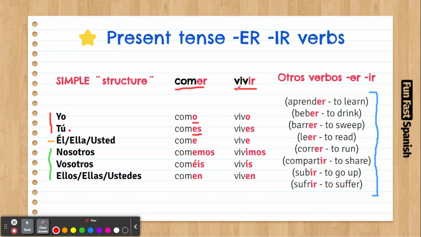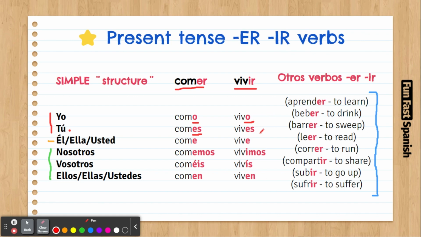Look, with the verb vivir, which is to live. I live in Barcelona, I live in Buenos Aires, I live in Bogotá, I live in Ciudad de México. Same thing here. I live is yo vivo. All right, yo vivo.